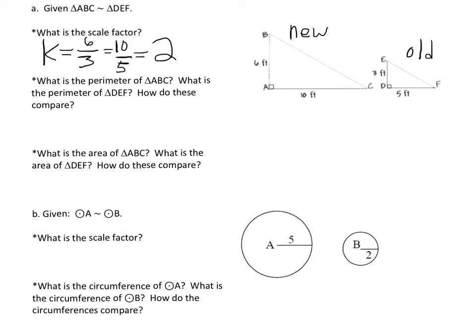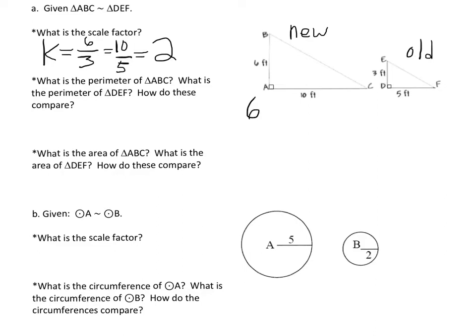Now what's the perimeter of ABC and the perimeter of the other one, and how do those compare? So it's going to ask us to find the scale factor. Well, I'm missing the hypotenuse of both of them, but I see they're right triangles, so I can use Pythagorean theorem to solve. So I know a squared plus b squared equals c squared. So a and b are the legs, so these two shorter sides, and the c is the hypotenuse.